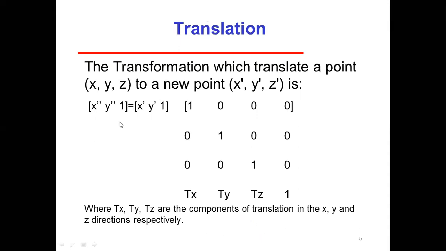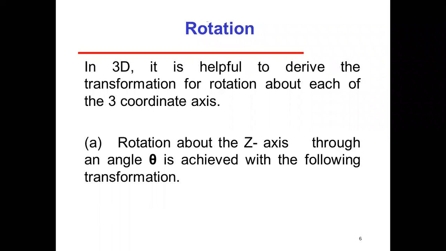Now that we are considering 3D, it is helpful to derive the transformation for rotation about each of the three coordinate axes: x axis, y axis, z axis. In the 2D case, we can rotate our object only about the origin.